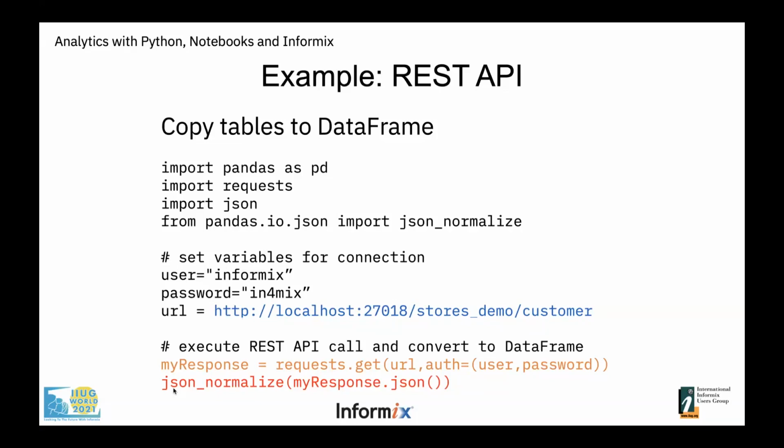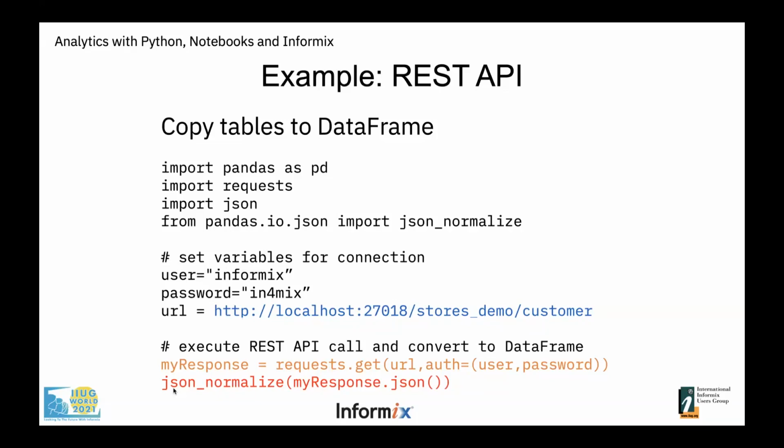The reason for that is that the REST calls will present the result as a JSON document. And we have to convert that JSON document to a data frame to work with all the data frame functions on that. And for that, we need json_normalize. Okay.